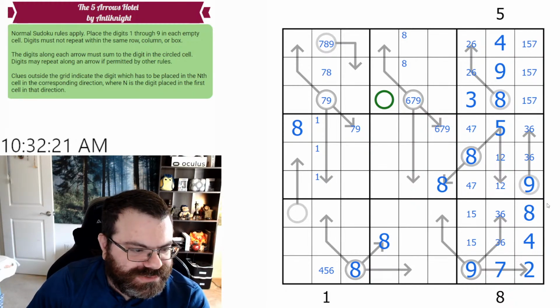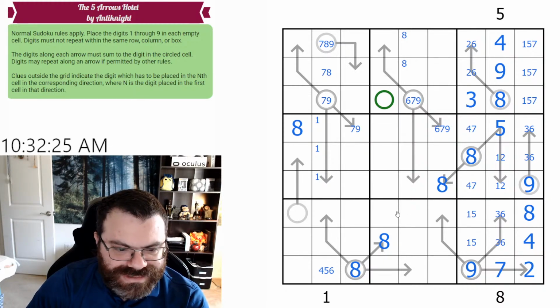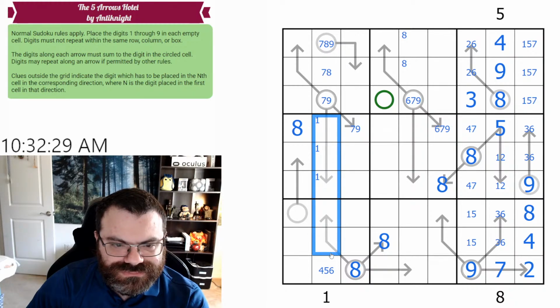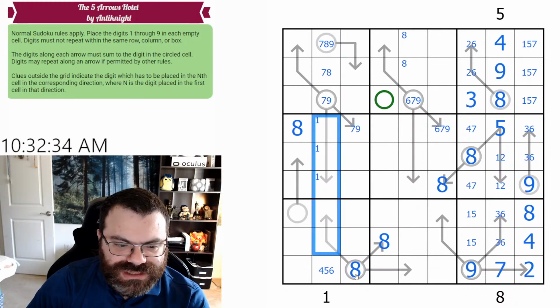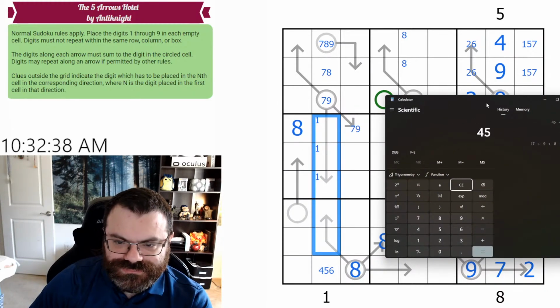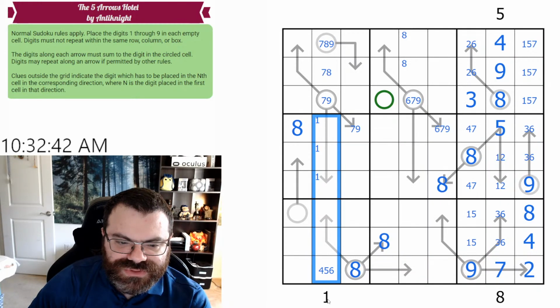Did I mess something up, Derek, or? Math on column 2. Ah, yes. So we know these add to 24. 8 times 3 is 24. Let's just not trust ourselves, though. So we know that these add to 21.